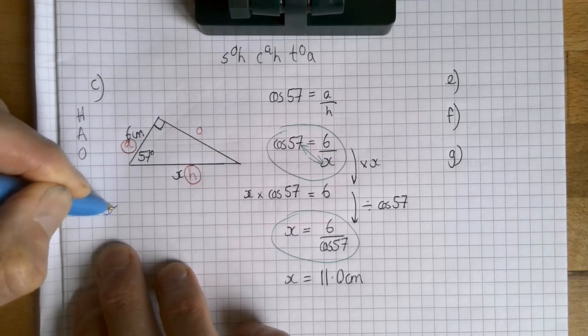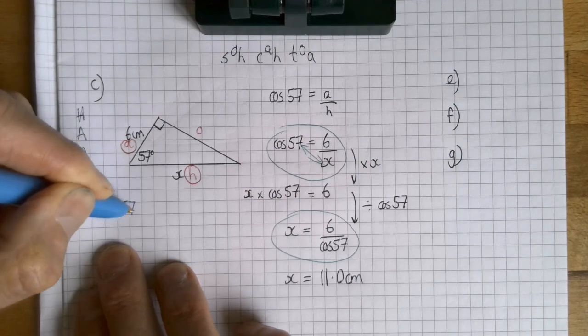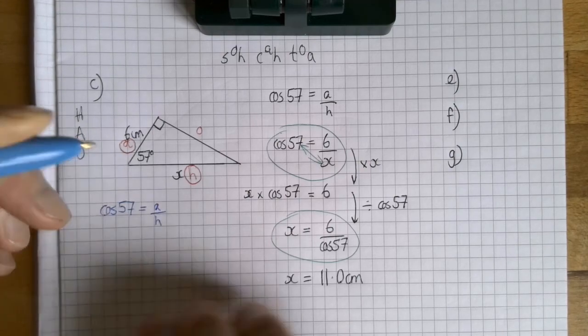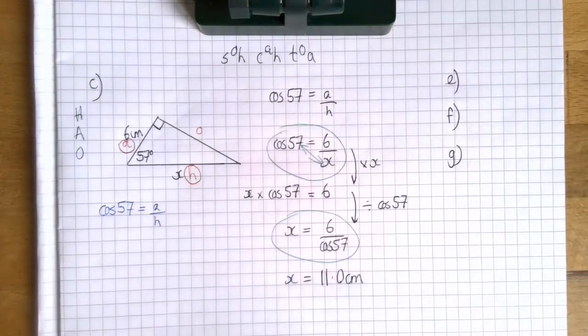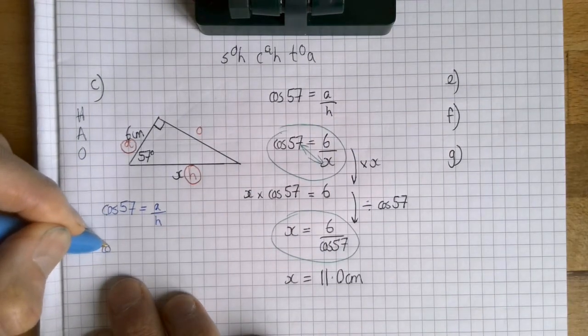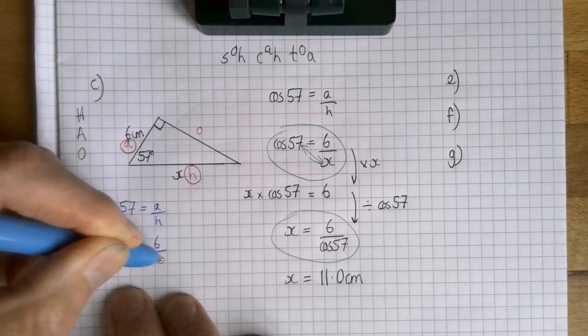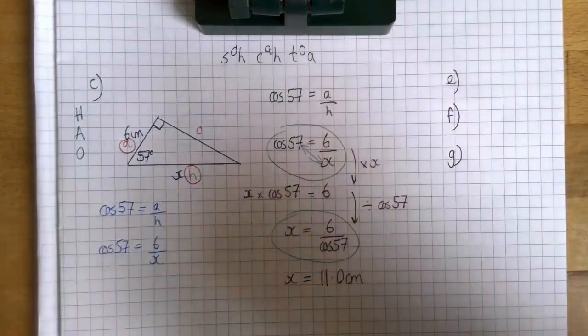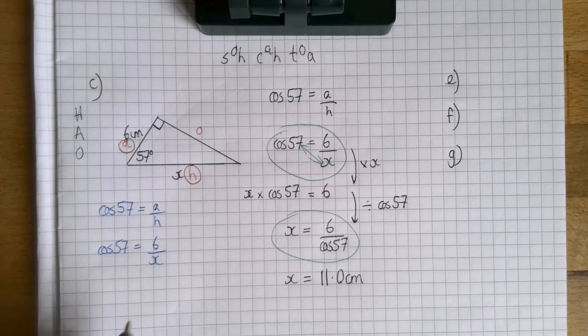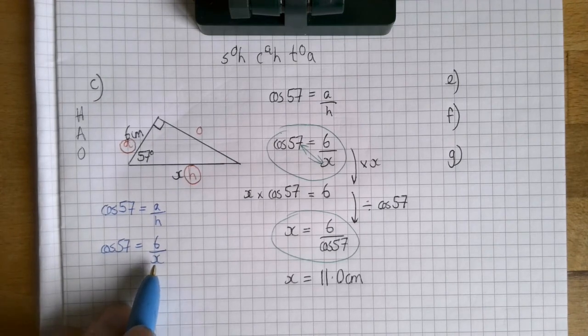It's a cos problem, so cos 57 equals A over H. That step doesn't change. Fill in the numbers: cos 57 equals 6 over x. That step doesn't change. But at that point you might say, oh, hang on a minute, this is one of those ones where the missing value is in the denominator. So all I need to do is the switcheroo.